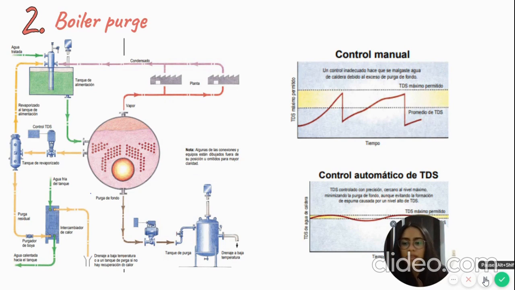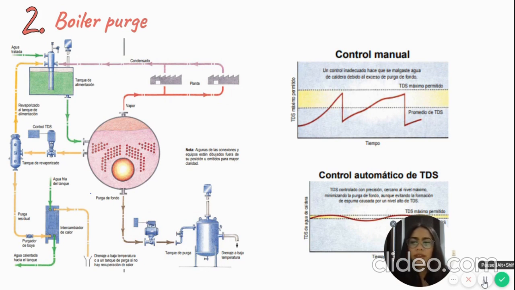The purge is achieved by opening a large valve at the bottom of the boiler for a few seconds. This allows a large amount of water and solids to be removed under boiler pressure and introduced to a purge line and a purge tank, especially designed to allow the mixture to cool down before draining.